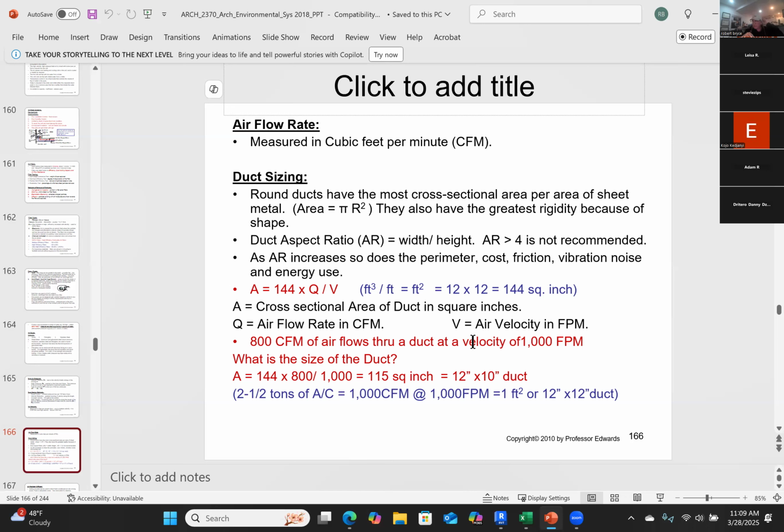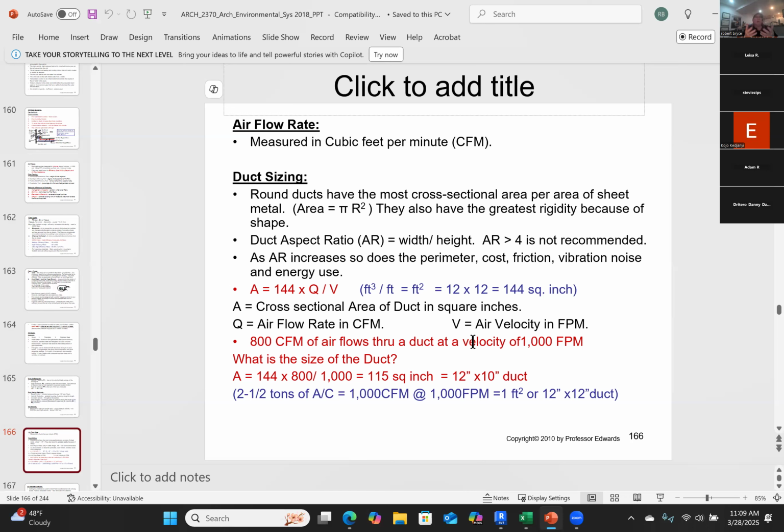So as we quickly design a duct size, you want to double check it to make sure that it stays within that ratio, so that the longer side is not greater than 4 times the shorter side. We measure airflow in cubic feet per minute, CFM.